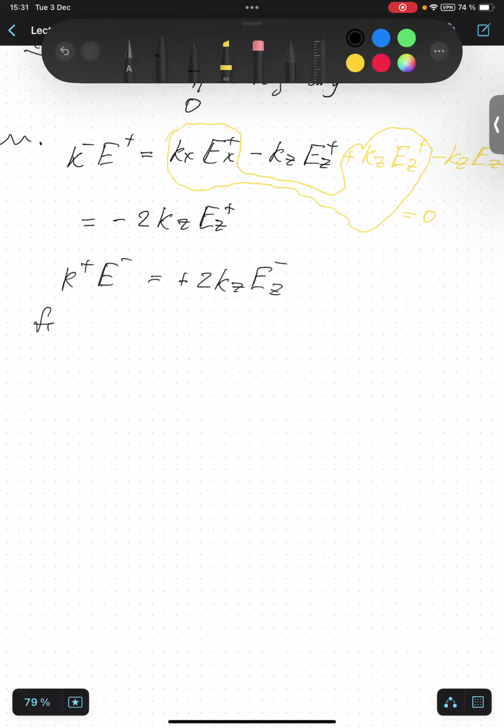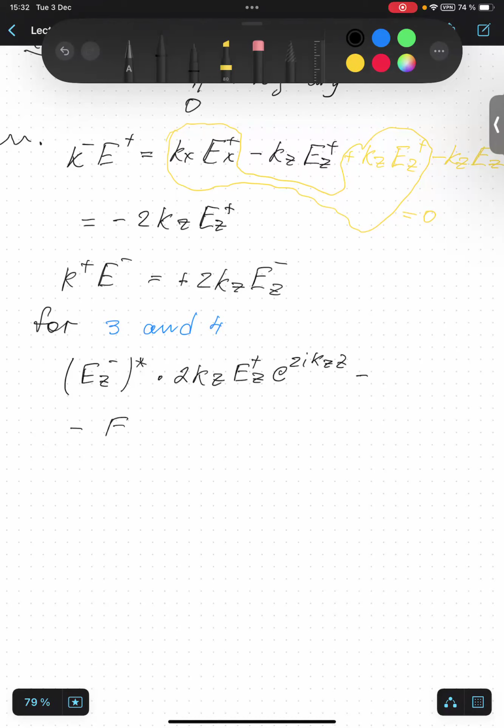So for third and fourth parts of the equation, we finally can write this ez, minus complex conjugated times 2kz plus z on exponent to i kz z and minus z plus complex conjugated 2kz z minus 2i kz.